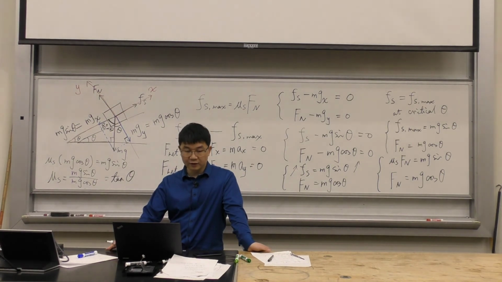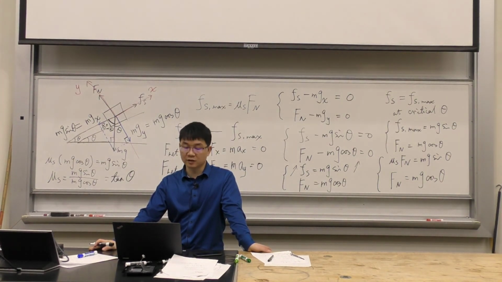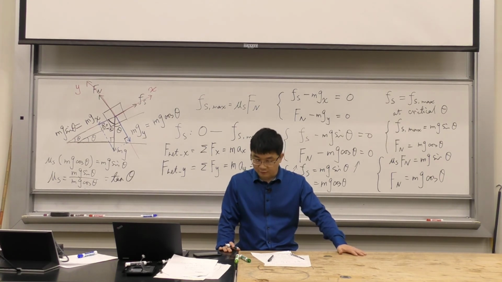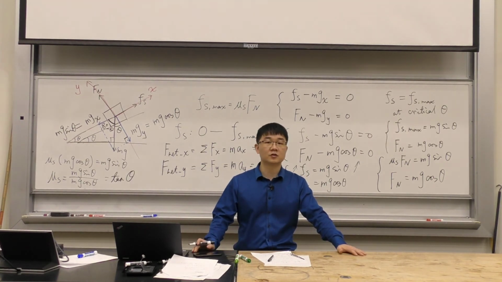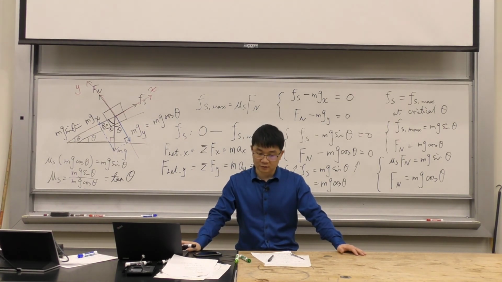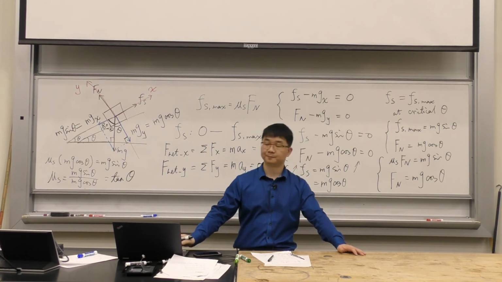So you see that if you do this experiment, you don't actually need to know a lot of details. All you need to do is just place this object on the incline. Fix the one end of the incline and raise the other end very, very slowly, right? You can't do it really quick because you want to find a critical angle where the object just starts to slide down.